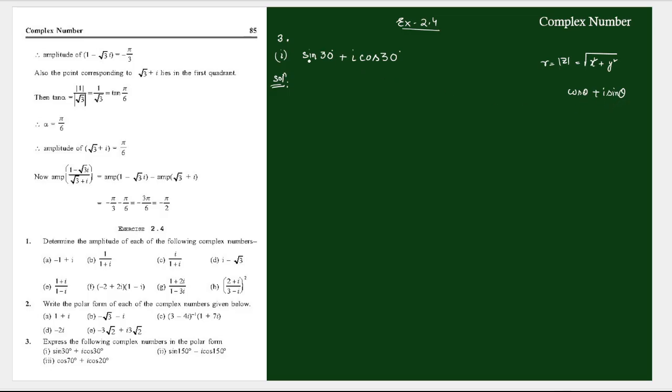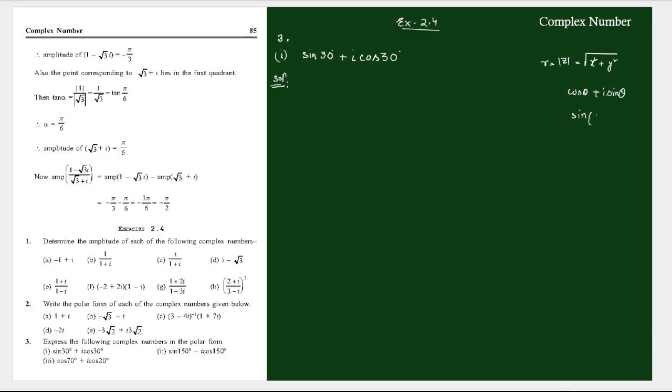Now you see here sine 30 degree, the imaginary part is cos. So that one you have to convert it into sine, and the sine has to be converted into cos theta. Now in trigonometry, there is one rule.